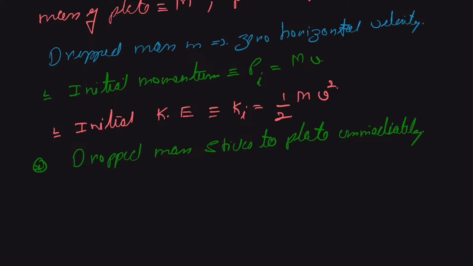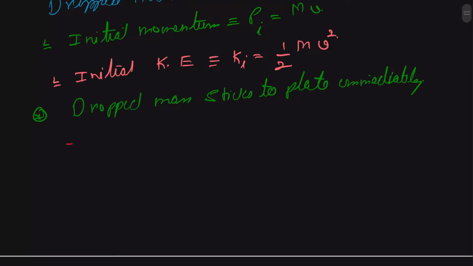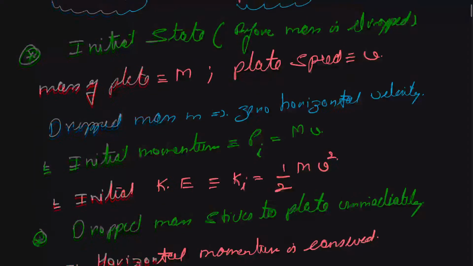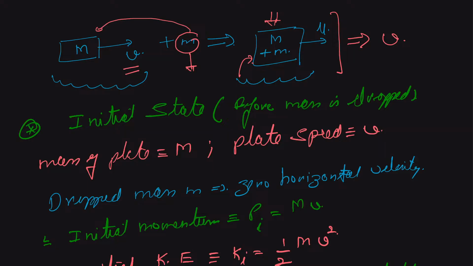And it is also given that our table is frictionless, so therefore the horizontal momentum is conserved. And like I said, we assume that their common velocity with which we are moving is u.